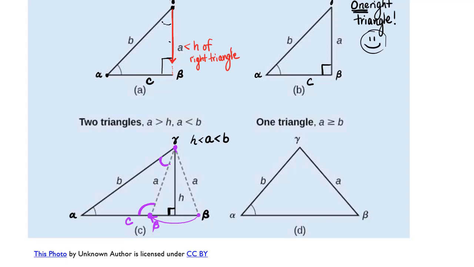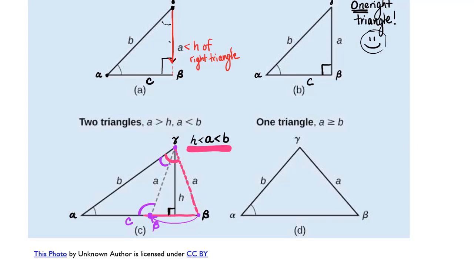And then we're going to also compare it with what the original was. The original triangle looked like this, where it continued off, and this was when gamma was large. The angle gamma was large. So you can see how if A is between those two values, the height of a right triangle, and B, the other side, you could get two different triangles.